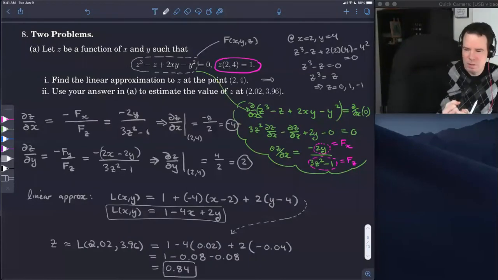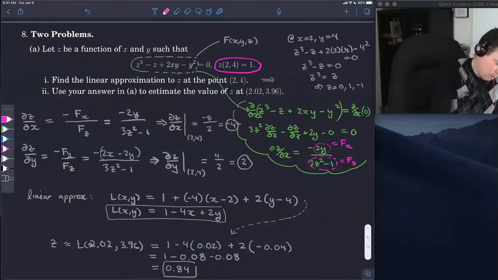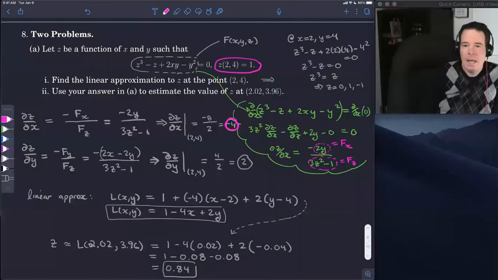What do these numbers -4 and 2 tell me? -4 tells me that if I'm standing at that point (2, 4) and I move 1 unit in the x direction, then I'm going to drop 4 units down. That's the slope in the x direction. So moving in the x direction causes me to descend. The other part is the derivative with respect to y: if I move in the y direction, I ascend 2 units. So for every unit increment in the y direction, I jump up 2 units.